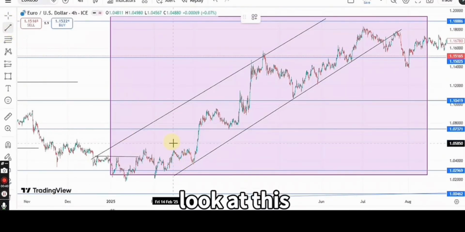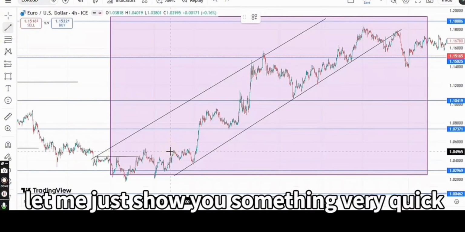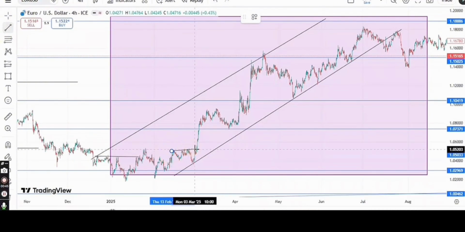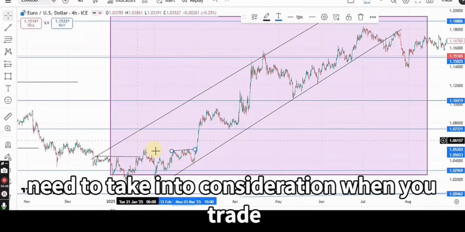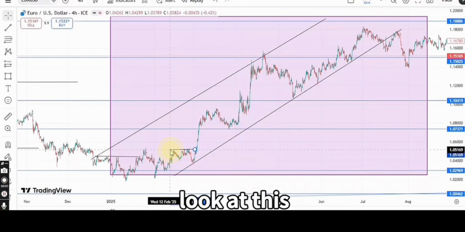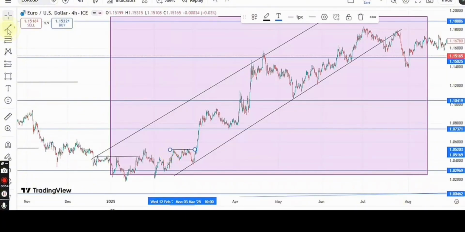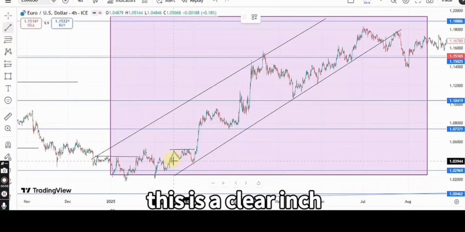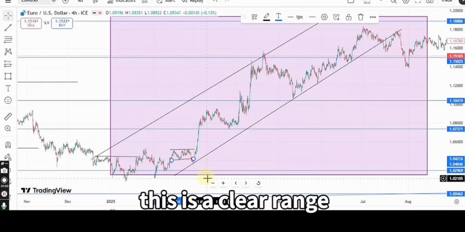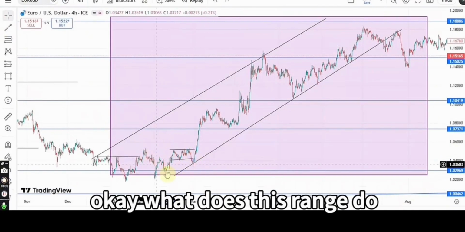If you look at this particular place, you will notice something. Let me just show you something very quick, because these are the little details you need to take into consideration when you trade. Look at this. This is a clear range. What does this range do?